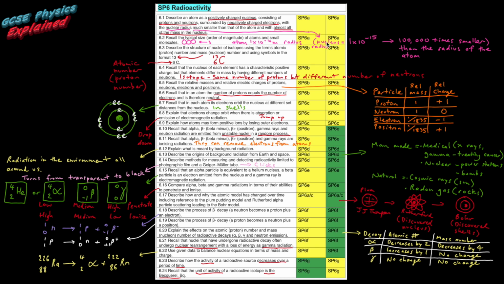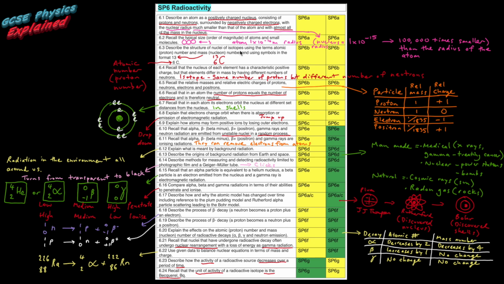The radius of the nucleus is 1 times 10 to the minus 15. So going from 1 times 10 to the minus 10 to 1 times 10 to the minus 15, the nucleus is 100,000 times smaller than the radius of the atom. If you need help with any of these videos, then go on my SP6 playlist.